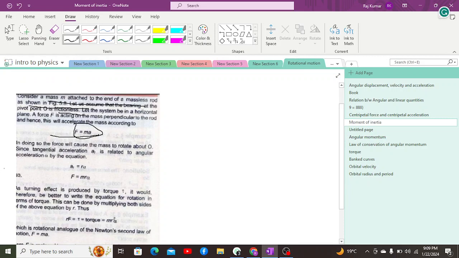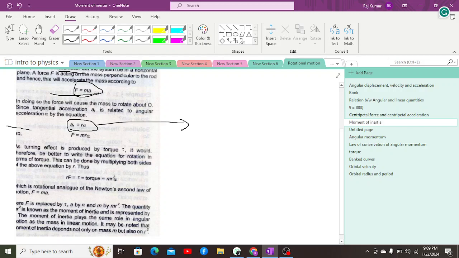In doing so, the force will cause the mass to rotate about O, since tangential acceleration is related to angular acceleration. So we can say that tangential acceleration is equal to r alpha. Now, as the turning effect is produced by torque, it would be better to write the equation for rotation in terms of torque.